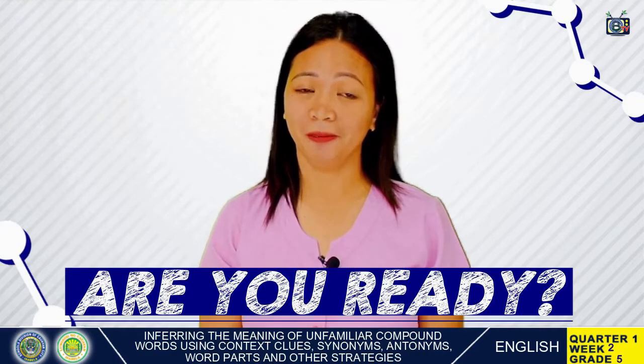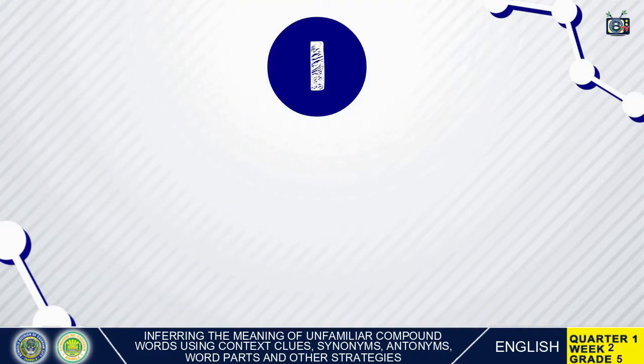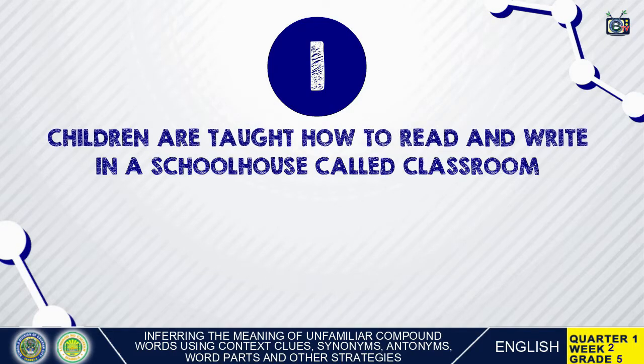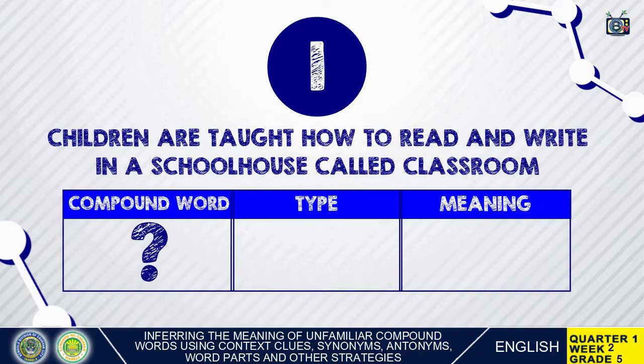Are you ready? Number 1. Children are taught how to read and write in a schoolhouse called classroom. What is the compound word in the sentence? What type of compound word is it? What is the meaning of the compound word?